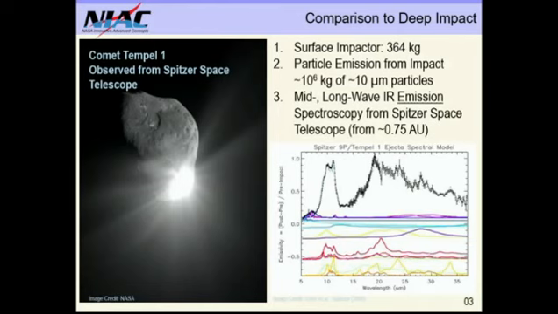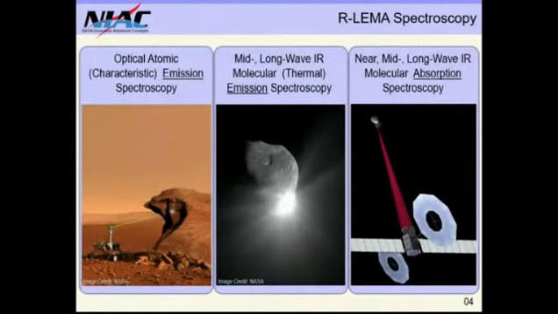There's similarities and differences to the system that we propose for both of those, right? To put it in some sort of context, the LIBS is doing characteristic emission spectroscopy. The Deep Impact mission, the spectrometer aboard Spitzer, was doing mid and long wave infrared thermal emission spectroscopy. And what we propose then is absorption spectroscopy.